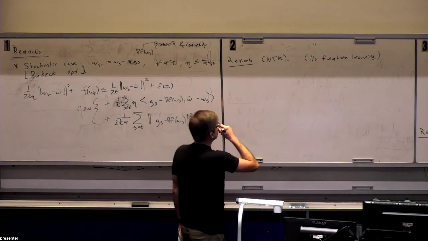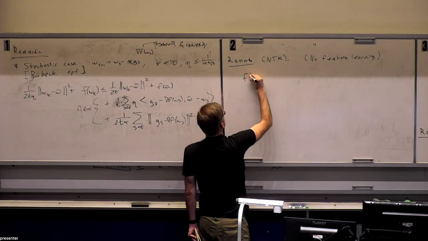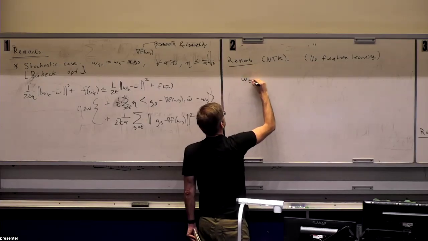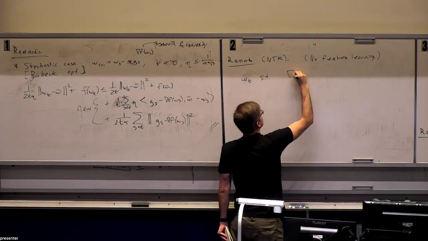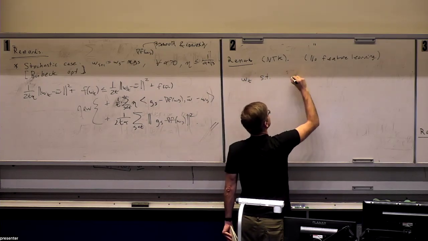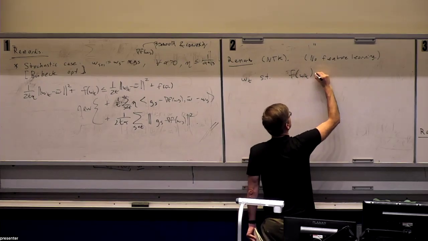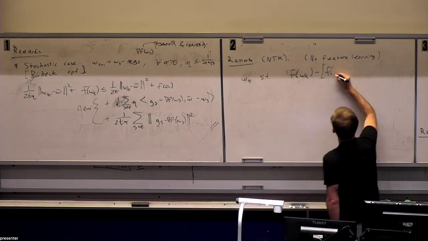So let me be a little bit more explicit. The NTK philosophy is that we look at situations for gradient descent where we look at w_t such that the function values of my iterate are well approximated by those of the Taylor expansion.